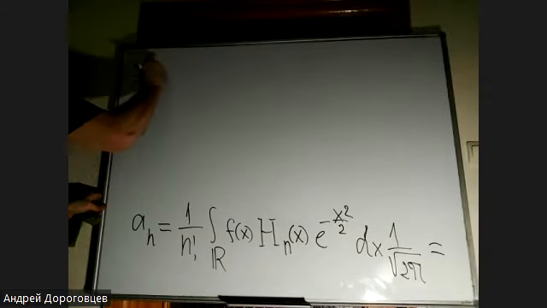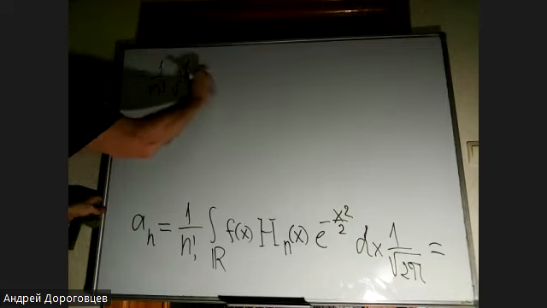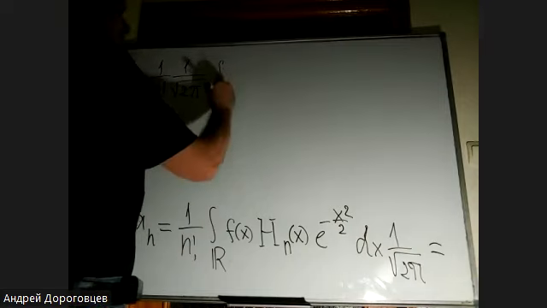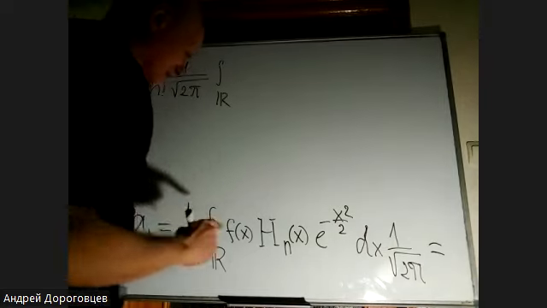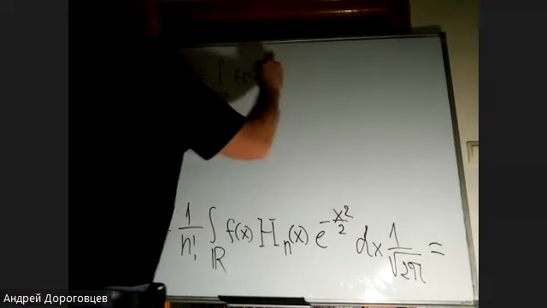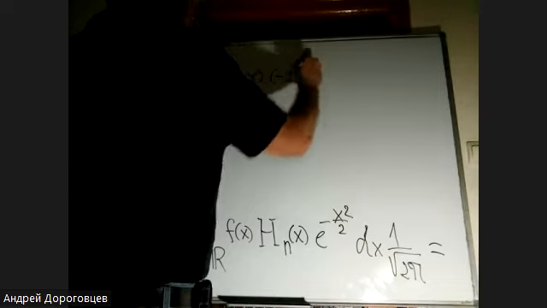So let me continue. It's equal to 1 over n factorial, 1 over square root of 2 pi, and here we have the integral over R of f of x, times minus 1 to the power n.